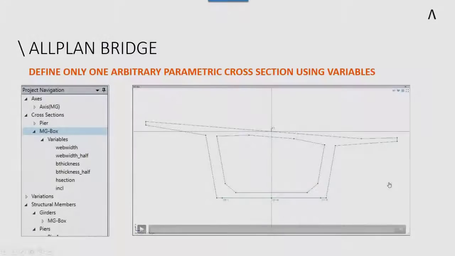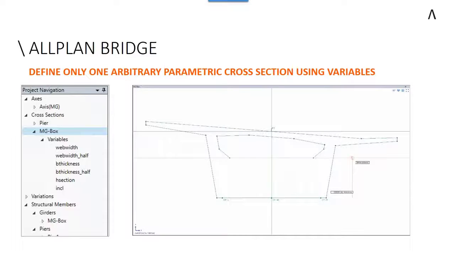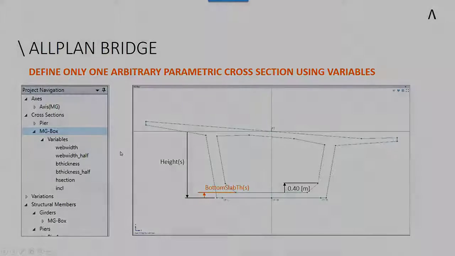So Allplan Bridge can define the parametric sections using variables, and these can be flexed again using the control lines that are in, primarily to define things like heights and thicknesses and constant thicknesses.